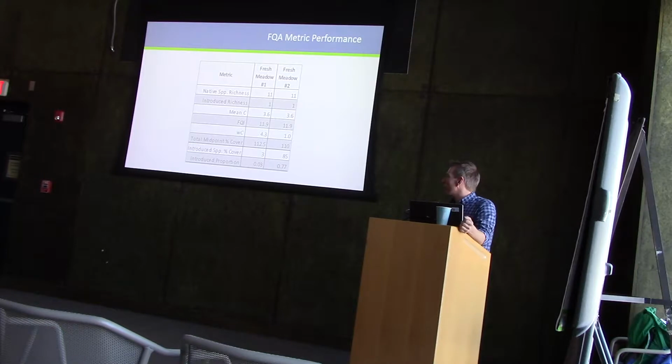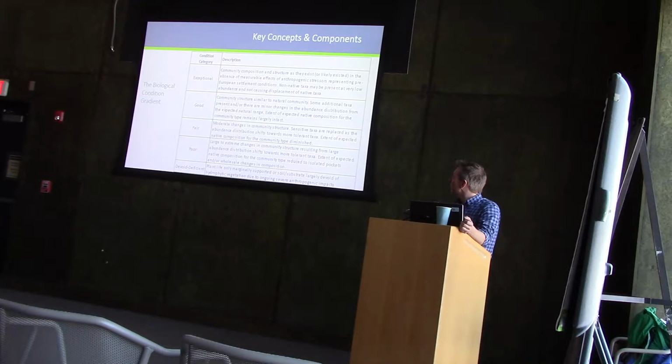So the native species richness is the same, the mean C is the same, the FQI is the same, but we got a big difference in our weighted C. That's where our power comes from. That kind of makes sense with folks? Resonate? Okay, that's how you calculate the numbers.